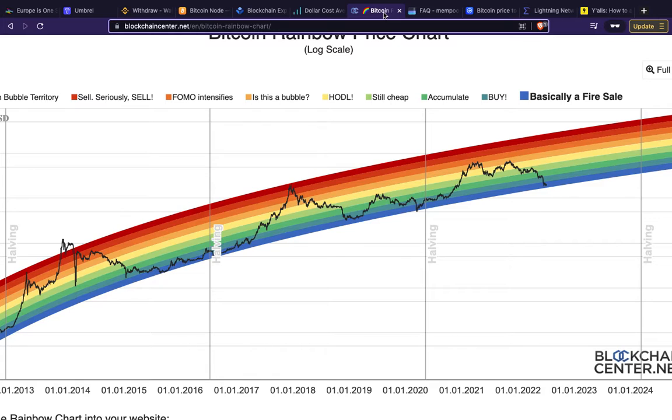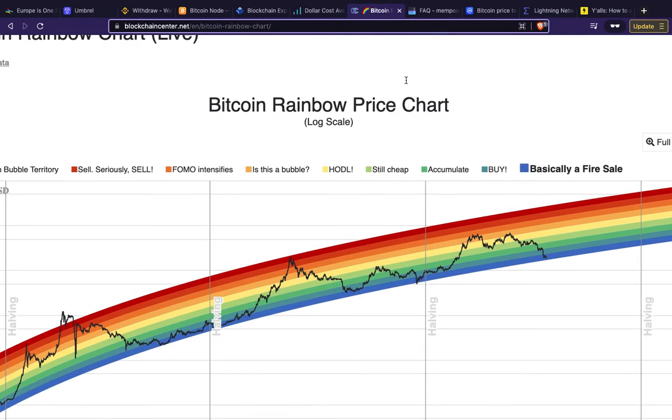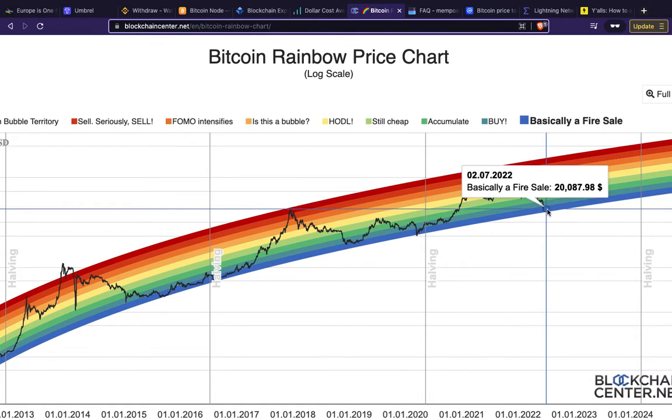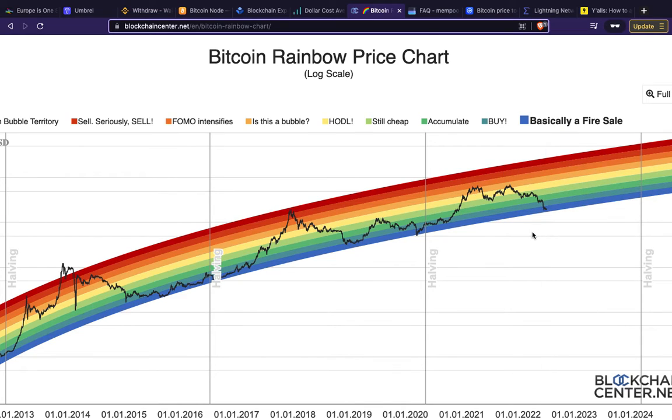Let's move on to the Bitcoin rainbow chart, and you see over here this is hovering down in this area, the really dark blue. This is basically a fire sale. By the way, this can go even lower, which is even more opportunity for real people who understand Bitcoin.